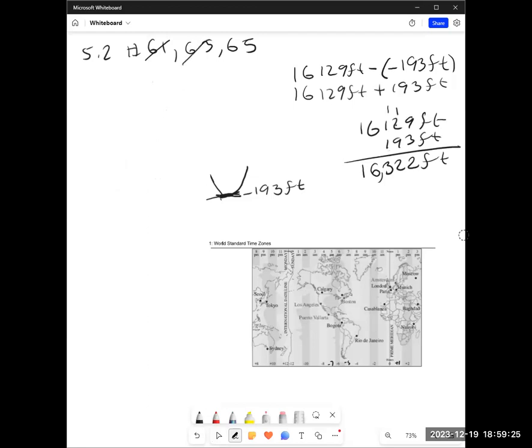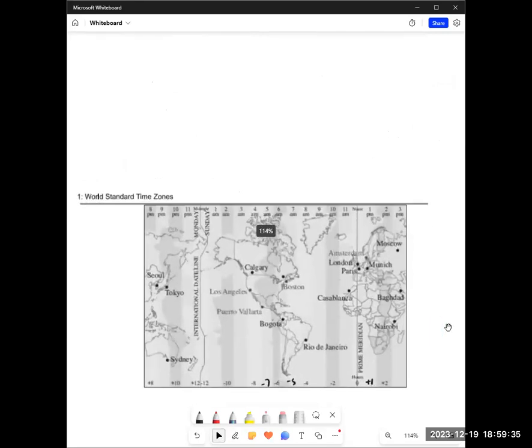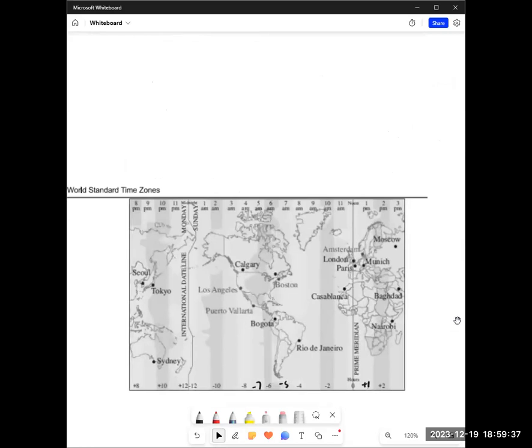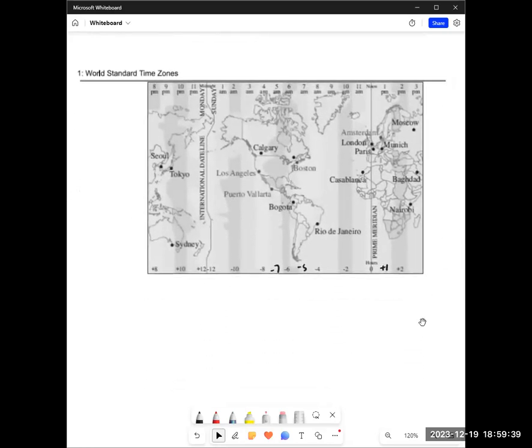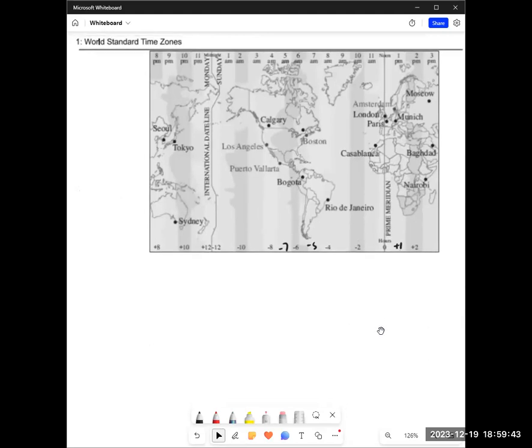Let's go ahead and now look at this last problem. I'm going to zoom in on this chart here. Give myself some space to work underneath it. So this is like problem 65 in the textbook, and it's about time zones.